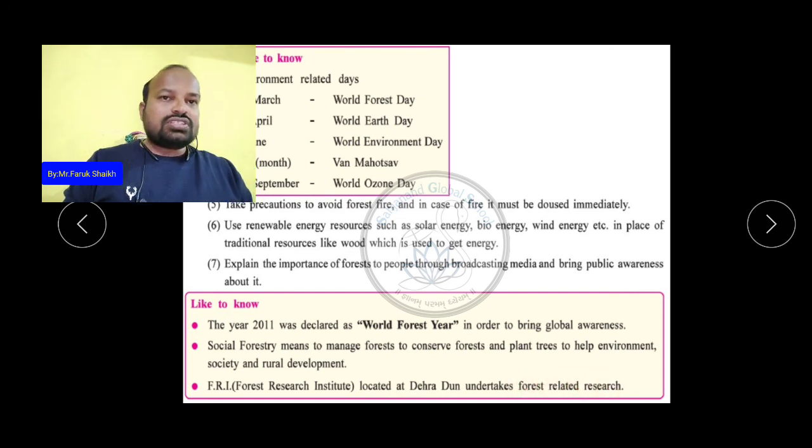Okay, so this chapter is related to the forest and natural vegetation, which are the most important resources.